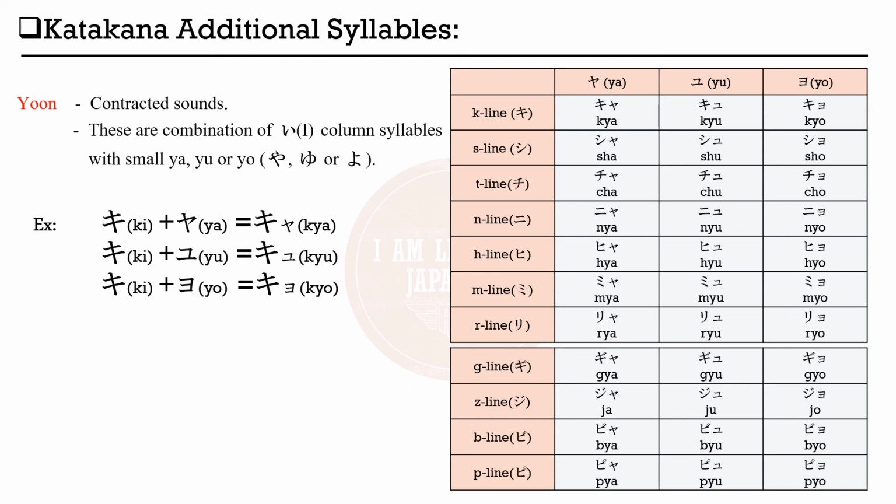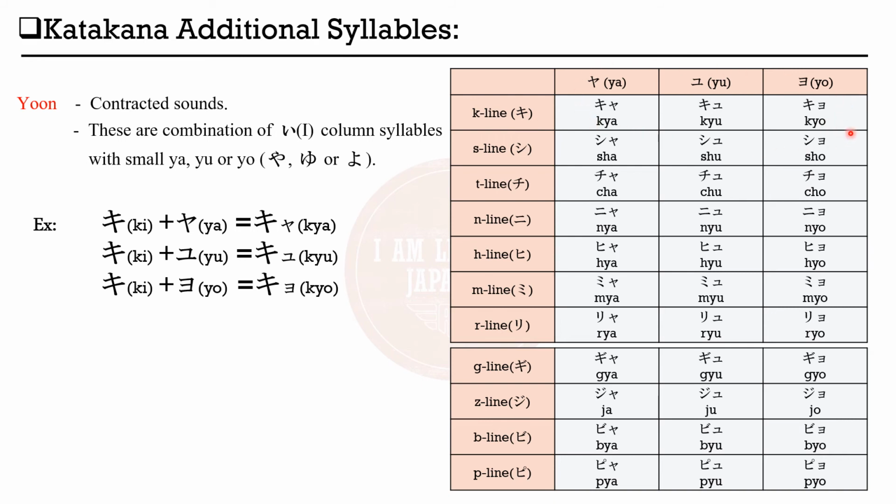Let us see some examples. To get kya, we have to merge ki plus ya. To get kyu, we merge ki plus yu. To get kyo, we merge ki plus yo. So this is the same criteria.